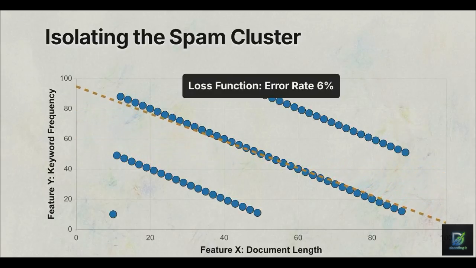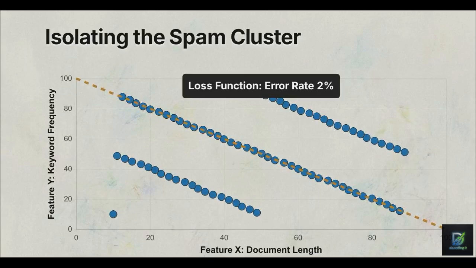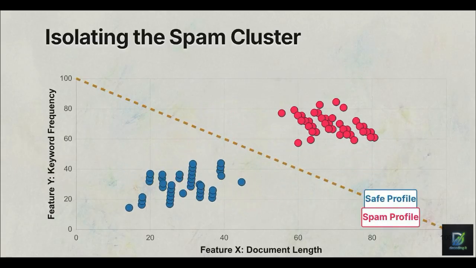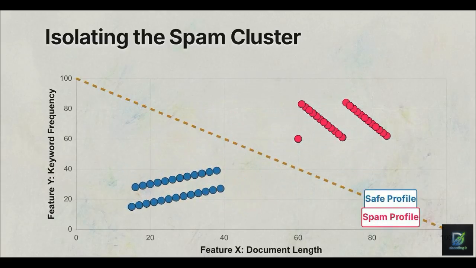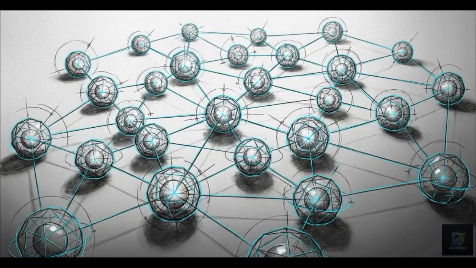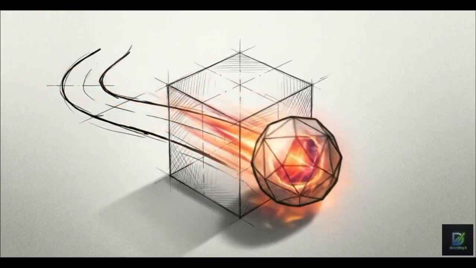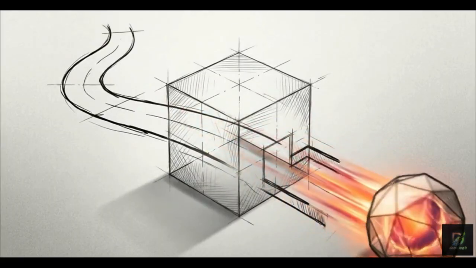The algorithm then slightly shifts its internal parameters to reduce that error on the next attempt. Notice how the data points reorganize as the machine slowly isolates the spam cluster from the normal messages. After millions of these microscopic mathematical adjustments, the model zeroes in on the optimal configuration. When a brand new, completely unseen email arrives, the system can instantly map its coordinates and accurately classify it.